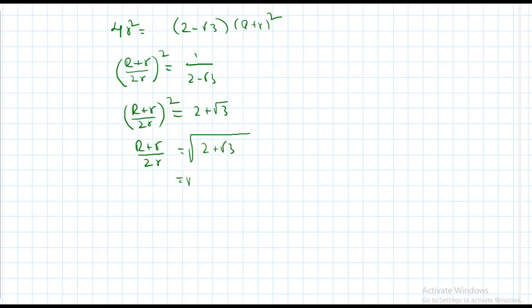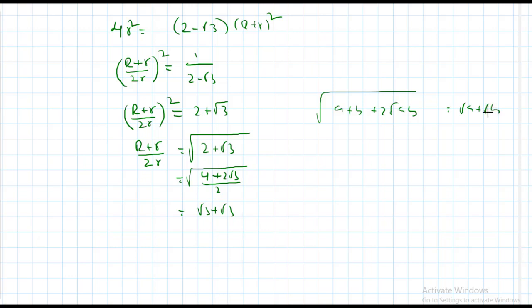Here I want to use the surd concept. So I want to multiply and divide with 2: 4 plus 2 root 3 by 2. So the numerator is nothing but (root 3 plus 1) whole square. The concept: root of a plus b plus 2 root ab is nothing but root a plus root b, where a plus b plus 2 root ab is of the perfect square form.